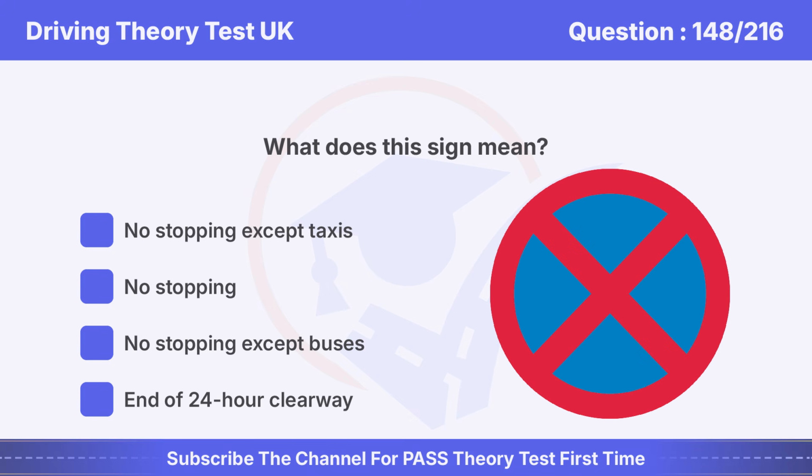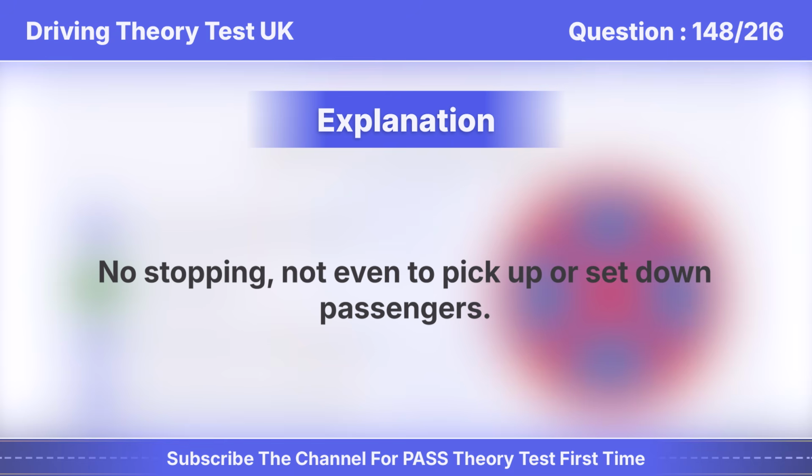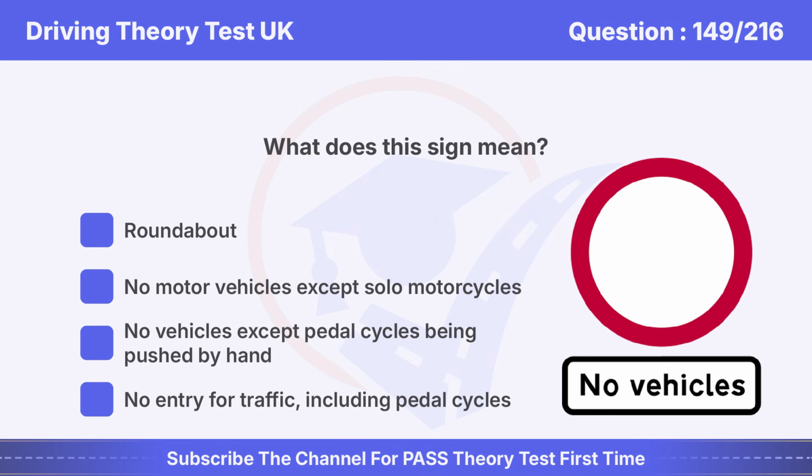Question 148. What does this sign mean? Answer is B. No stopping. No stopping, not even to pick up or set down passengers. Question 149.